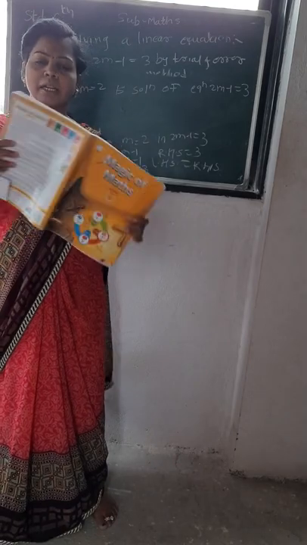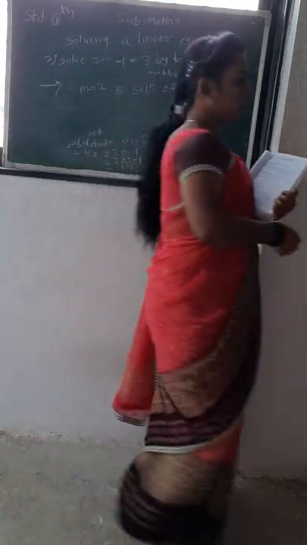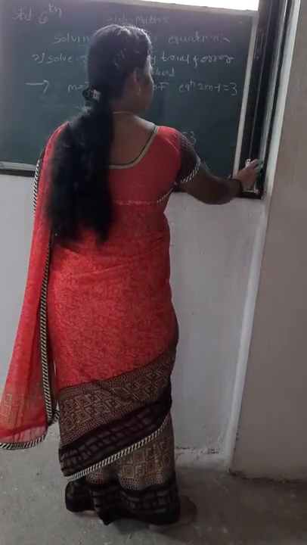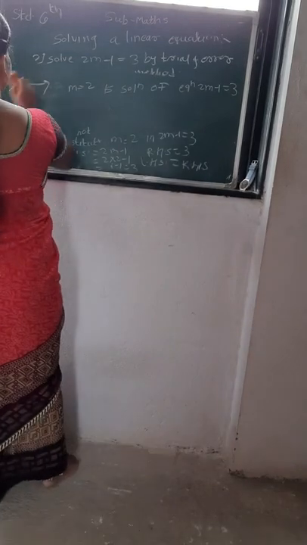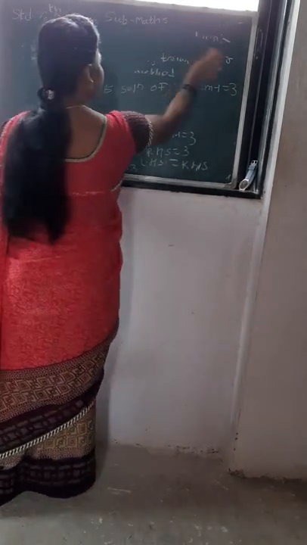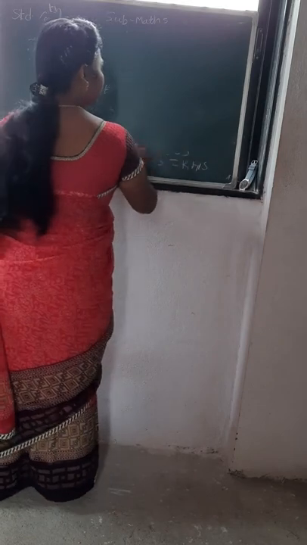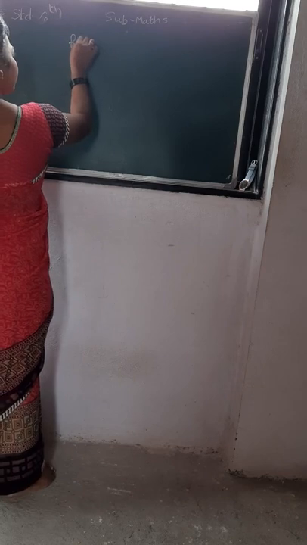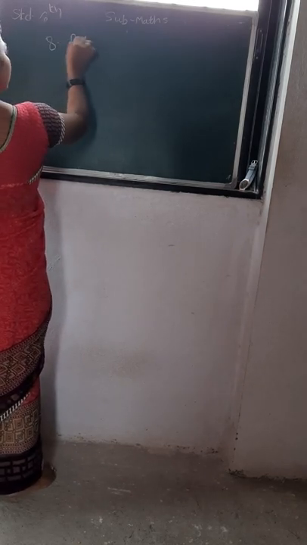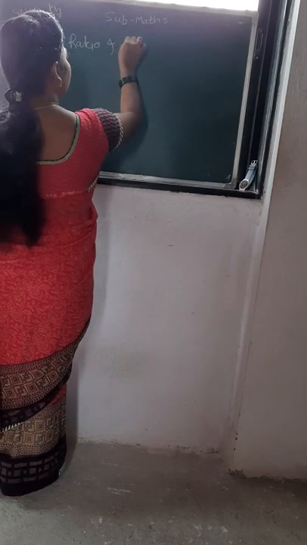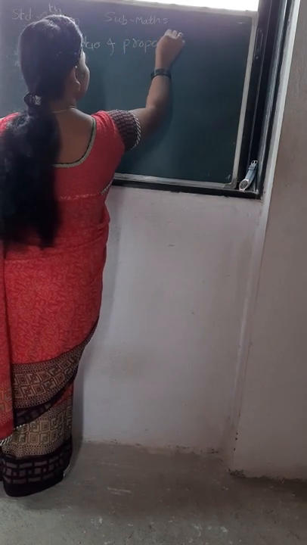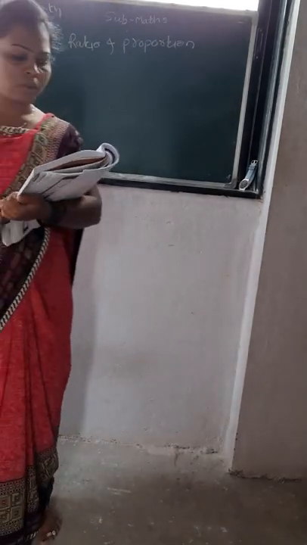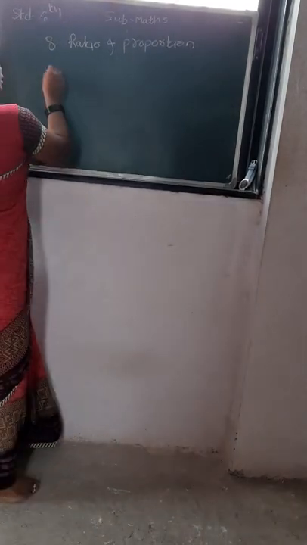In this period, we start the 8th chapter, Ratio and Proportion. First we see the point ratio.